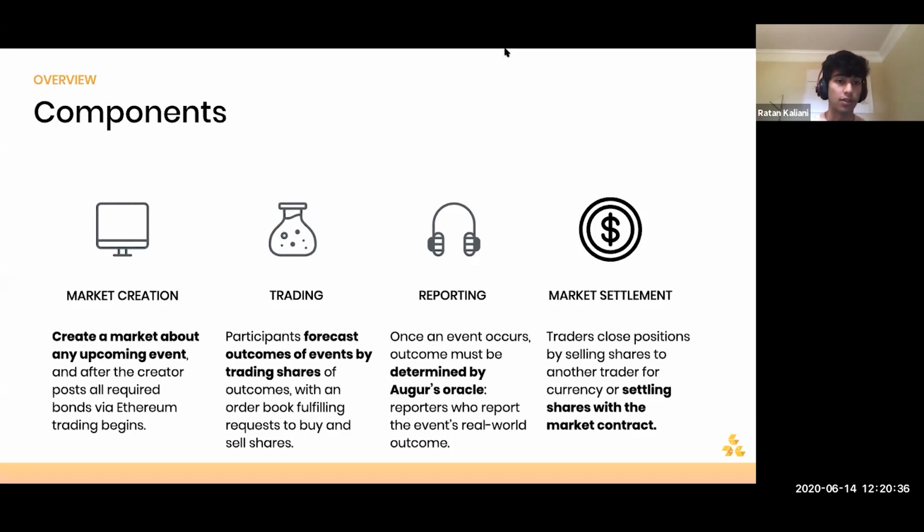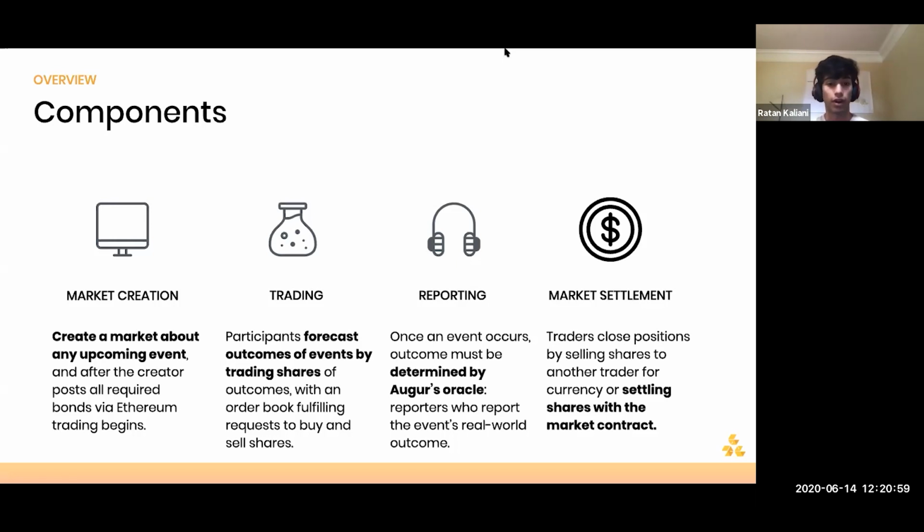After doing so, trading begins. Participants, otherwise known as bettors, forecast the outcomes of events by trading shares of the outcomes. And there's an order book that fulfills the requests to buy and sell shares. It essentially works as a traditional order book on a DeFi platform, and it enables decentralization of the trades.